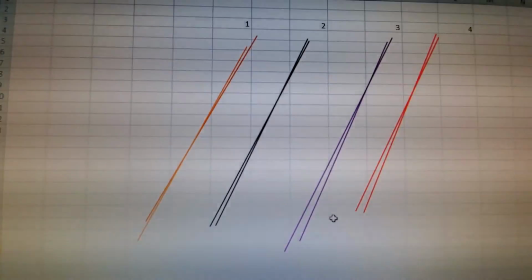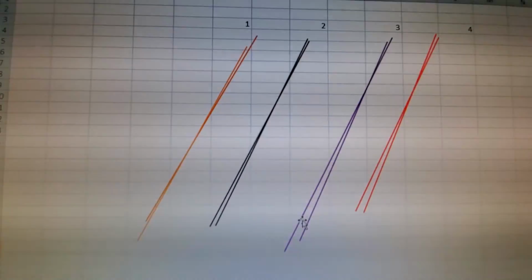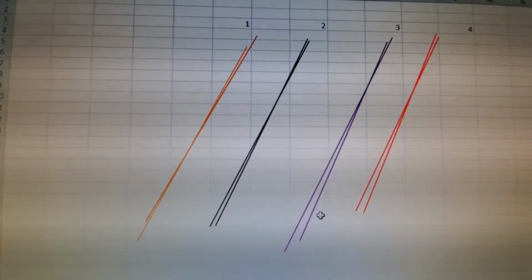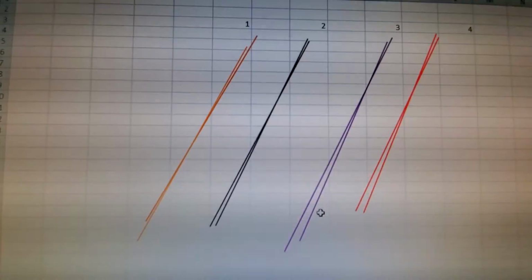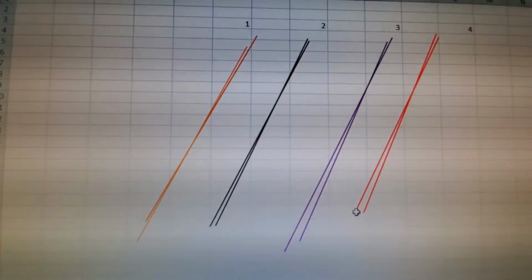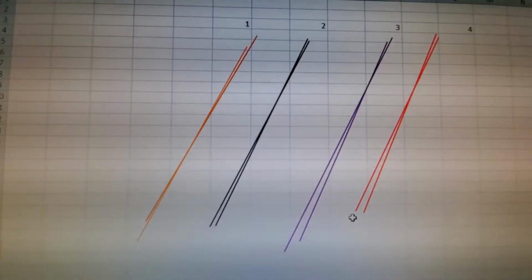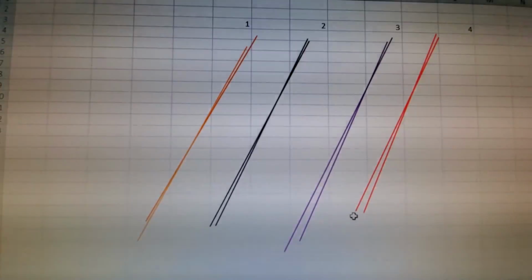They're pretty close here, but you also have to remember that as you go from shot 1 to shot 4, the cue is also further away from the camera. So these arcs should actually be a little bigger than you see because the cue is farther away.